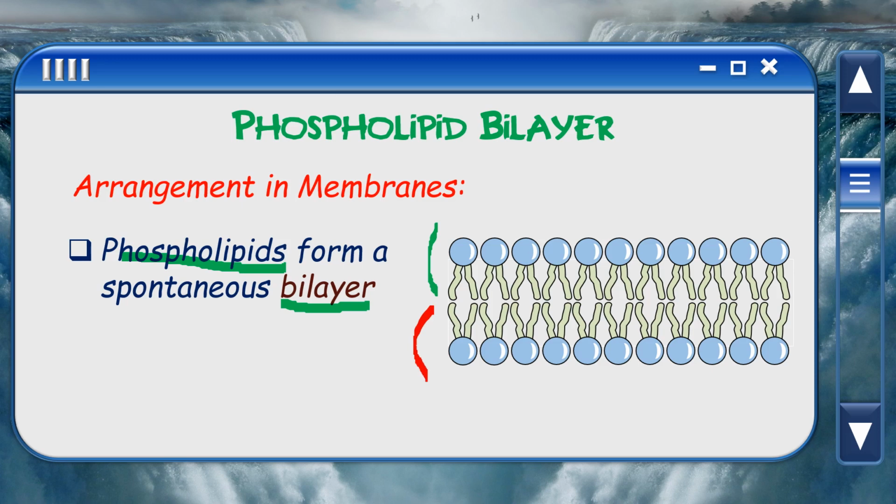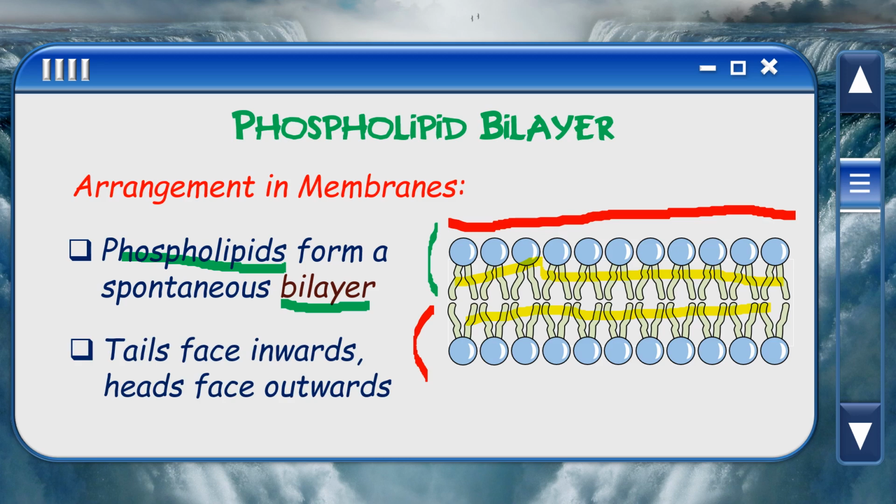Those are what we call the bilayer. The upper part is made up of the phosphates, and the inner part is made up of the lipids. That's why we refer to them as phospholipids. And there are two layers, called a bilayer.